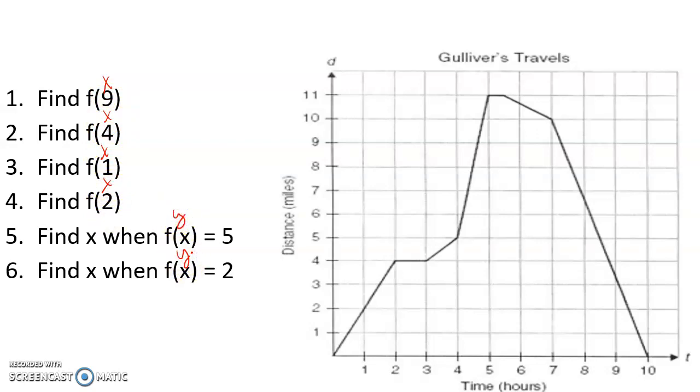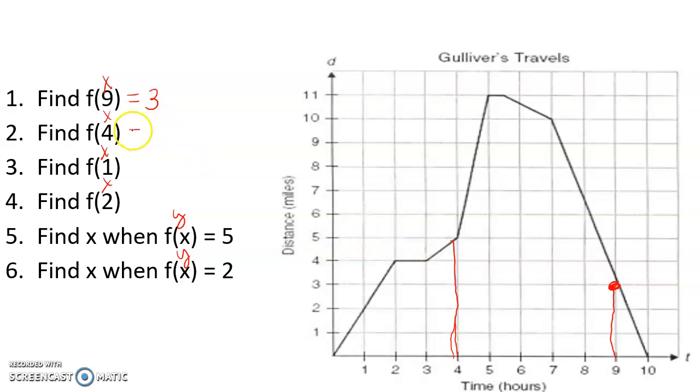Okay, so when it says find f of 9, that's saying go to where x is 9. So I go to the x-axis, I look, here's where f is 9. That's at 9, comma 3. F of 4, I'm going to go to where x is 4. I'll look up.